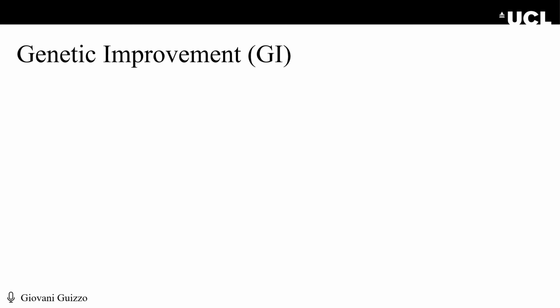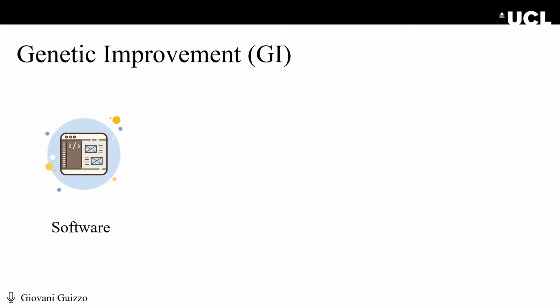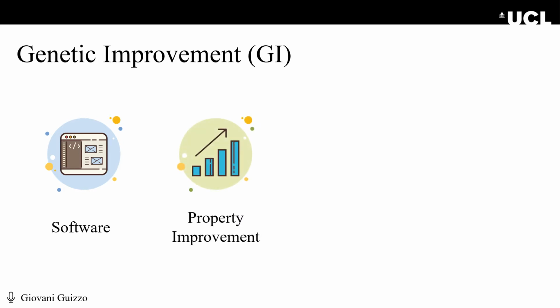For those of you who don't know, I'll briefly introduce the concept of genetic improvement, or GI for short. GI aims at getting an existing software and automatically modifying it to improve a given software property. This property can be functional or non-functional. For example, in automated software repair, a type of functional improvement, we get a failing software and try to generate bug-fixing patches.